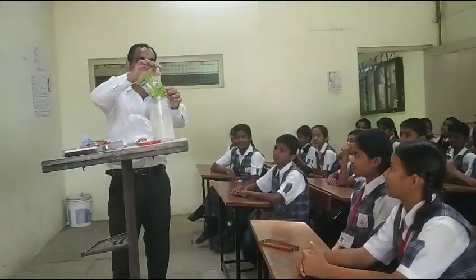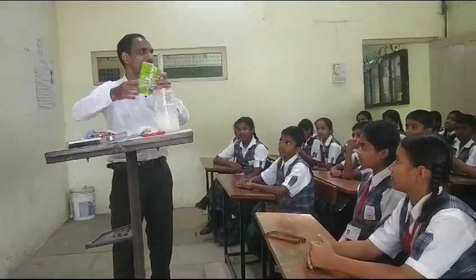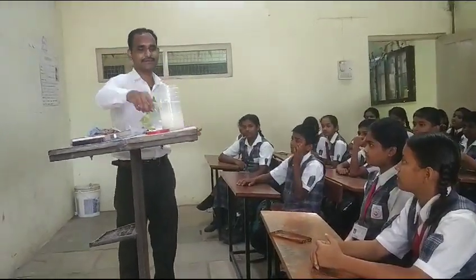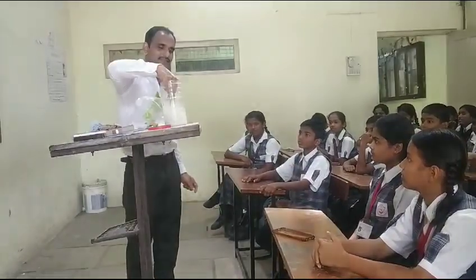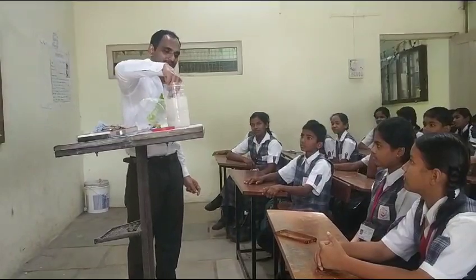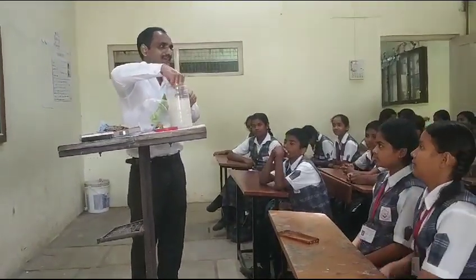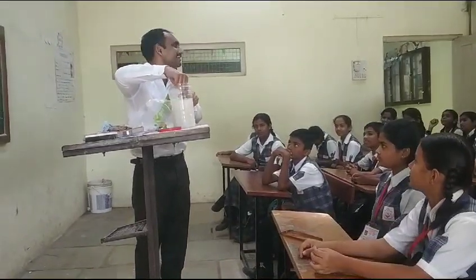Now after that you can see the color also changes. Stunning. Just like the sea water, it starts looking. After that I will stir it. Now this is the artificial Dead Sea water.